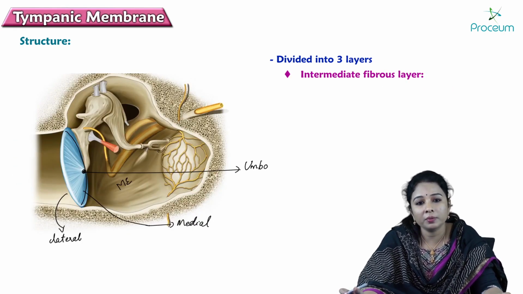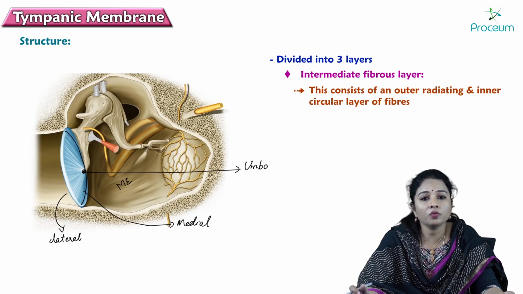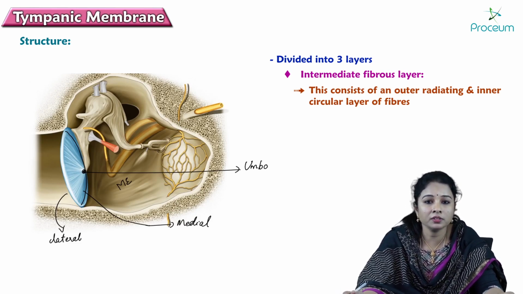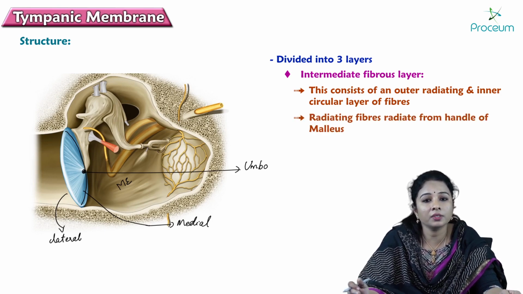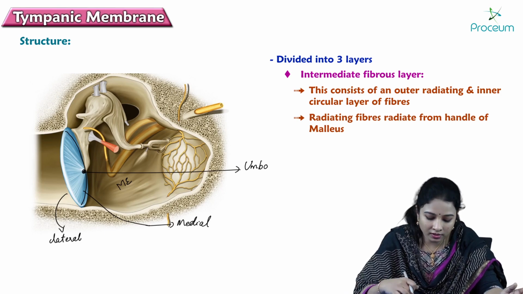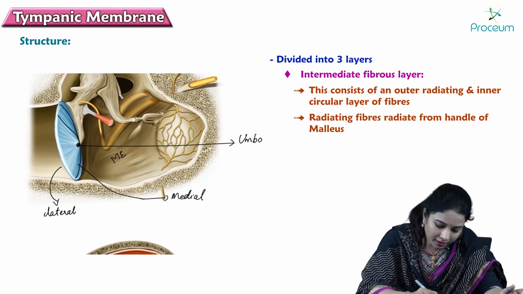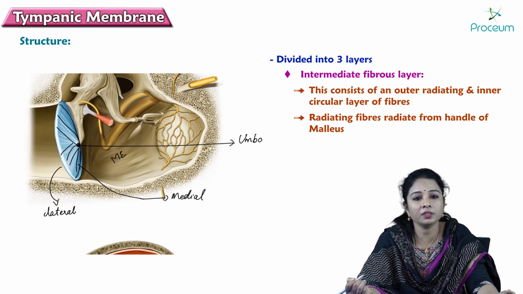The intermediate layer is the fibrous layer, and this consists of outer radiating and inner circular layers of fibers. The radiating fibers radiate from the handle of the malleus. We can see here the fibers radiating from the handle of the malleus are the radiating fibers.